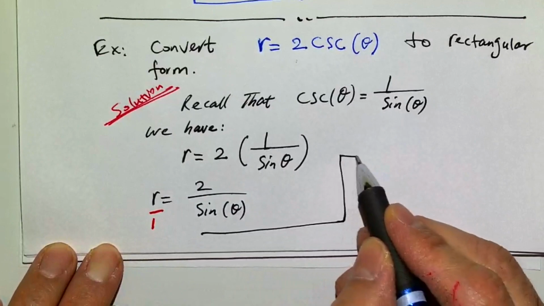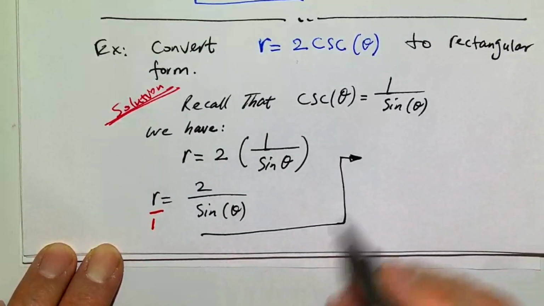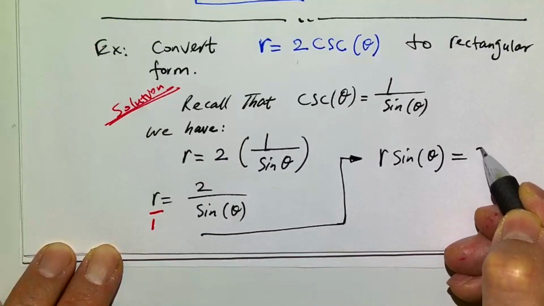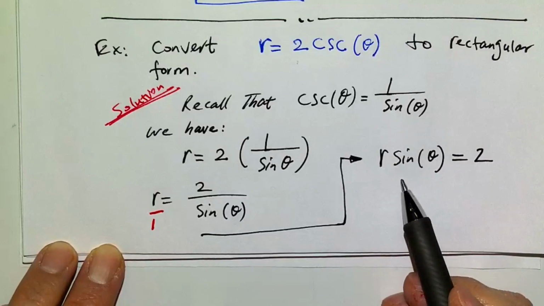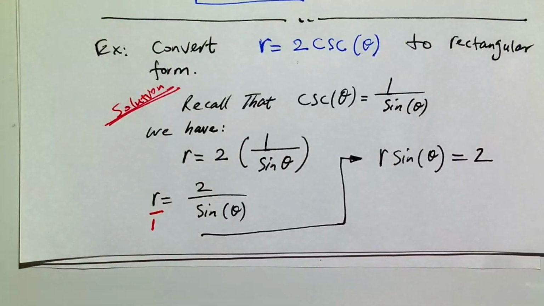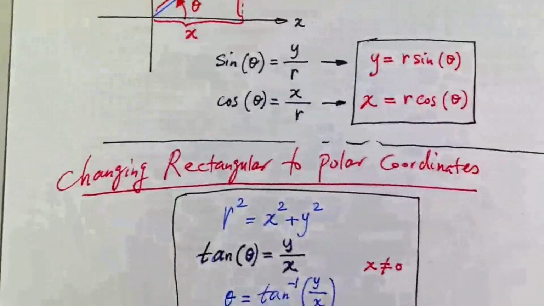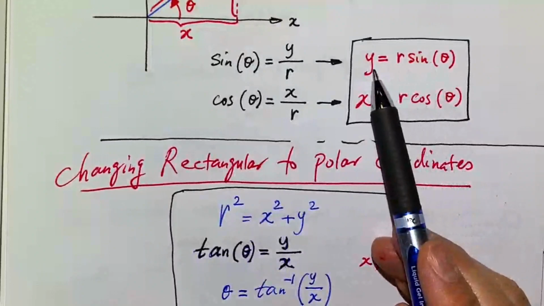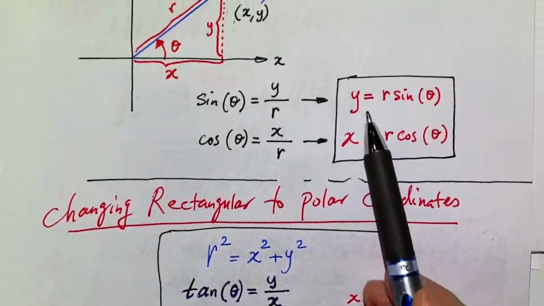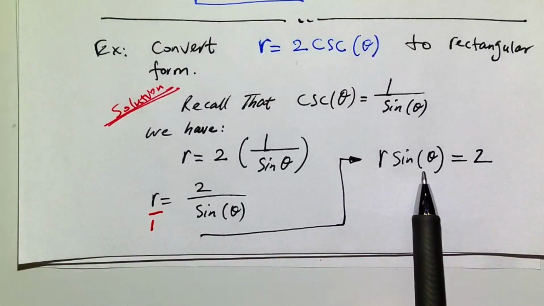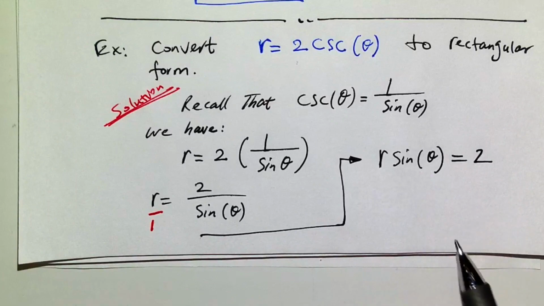From here to here, we get r times sine theta equals 2. Does the left side look familiar? It should, right? Let me bring back the formulas when we introduced them on page 5. R sine theta represents what? Represents y, right? So what we have is y equals 2.